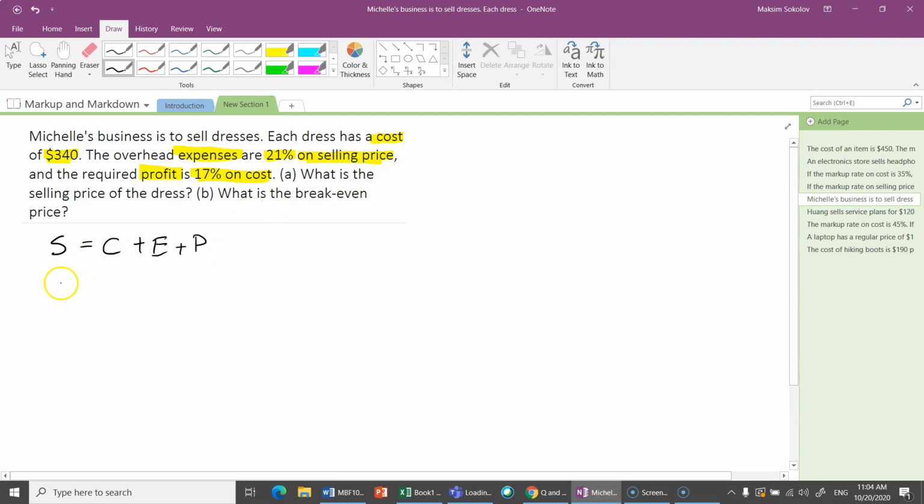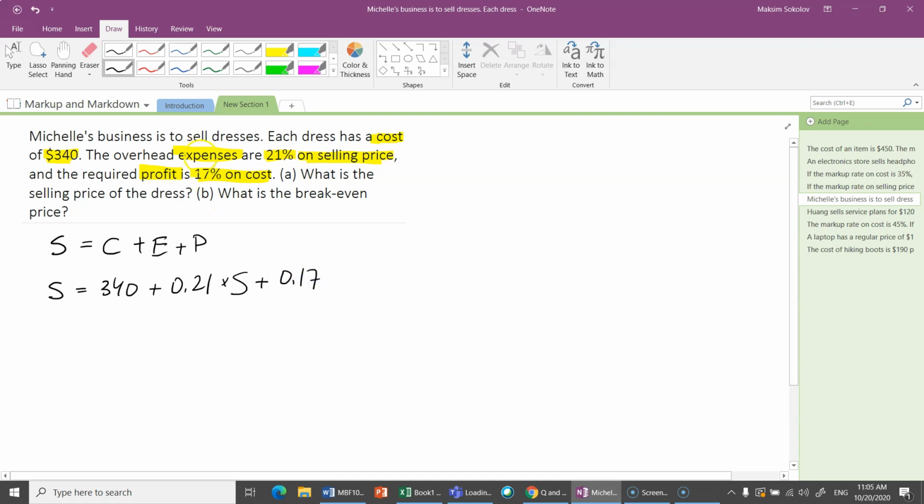We don't know the selling price, so we will keep it as letter S, but we know the cost, which is 340. Then we are given that expenses are 21% on selling price, so 0.21 times S, which we don't know, that's why we keep it as a letter, plus 17% on cost, 0.17.